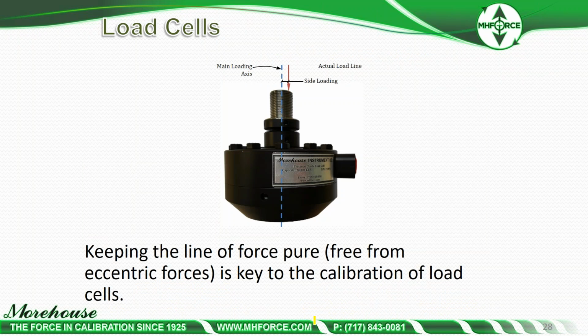And keeping the line of force pure, free from eccentric forces, is key to the calibration of any load cell. And here we go, there's a side loading here, and then the actual load line. We want to follow that blue line. This cell, love the shear web cells, the shear web type designs.